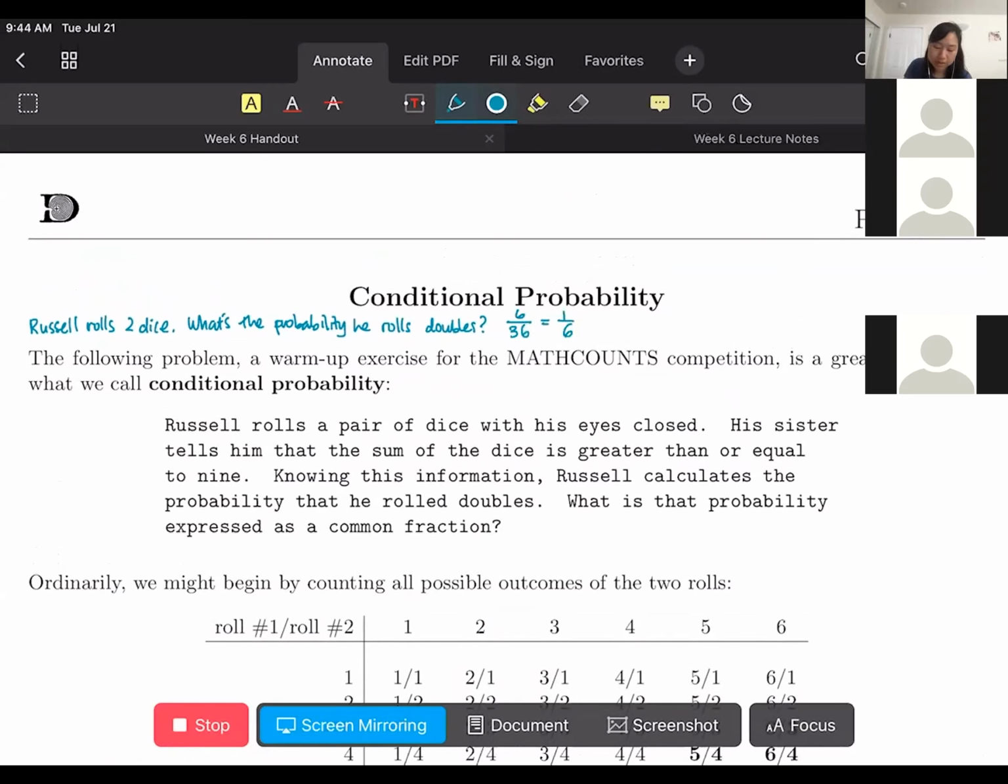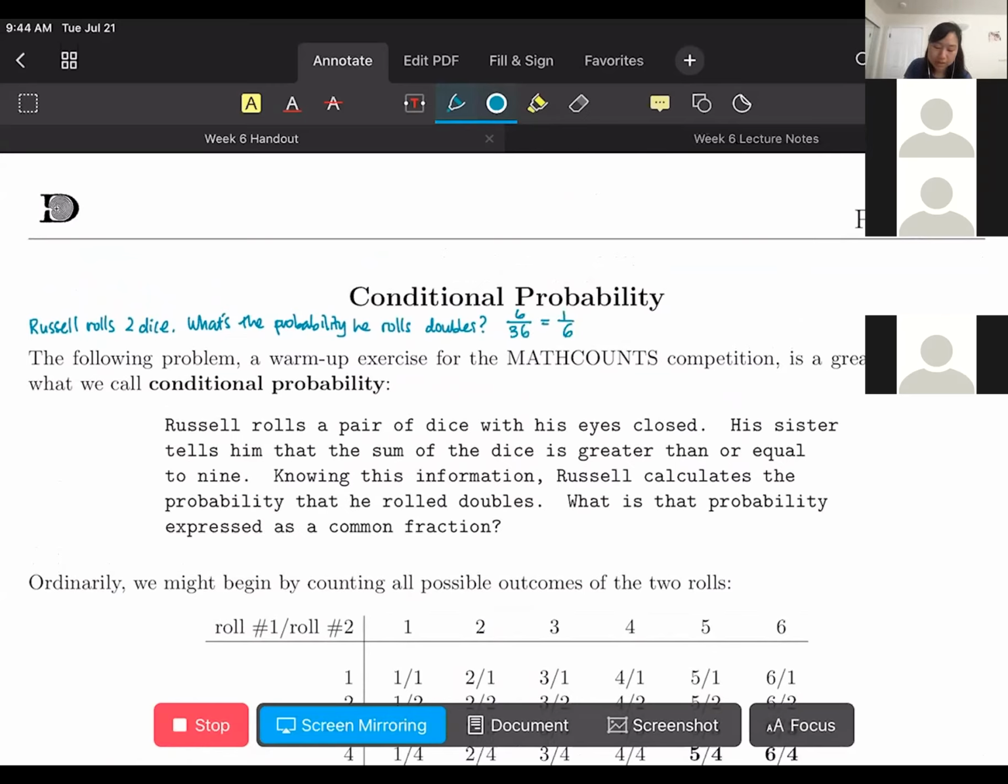So if we look at all these possibilities, instead of all of them being possible, only the bolded ones, so I'll kind of underline them, only these bolded ones have sum greater than or equal to 9. And there's 10 such outcomes. So because we know this information, this condition, we actually use that as our denominator instead of all 36 possibilities.